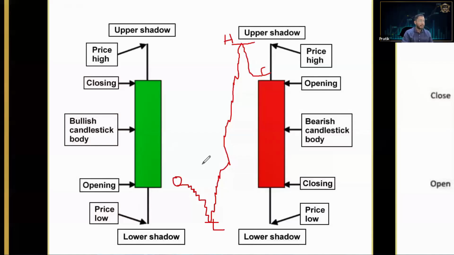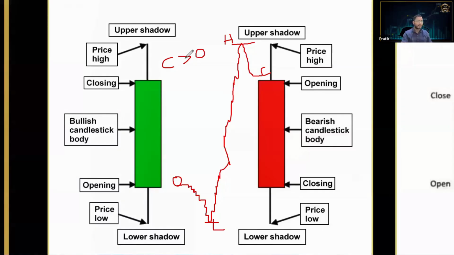Now, can you see that in this picture the close is greater than the open? The closing price is above the opening price. That means if it opened at 100, today it closed at 105, let's say. The low was 98, the high was 107, for example.